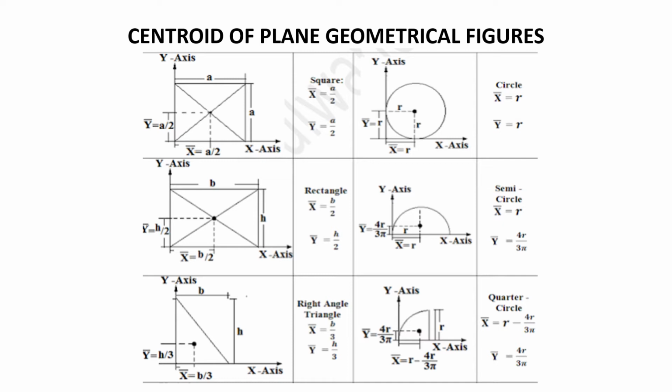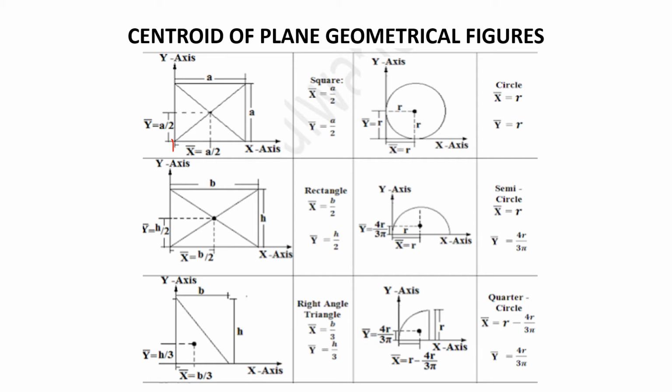Then we will see the centroid of plane geometrical figures. First is a square. In x direction, x bar is the centroid from this point. X bar is equal to a by 2, where a is the total length.